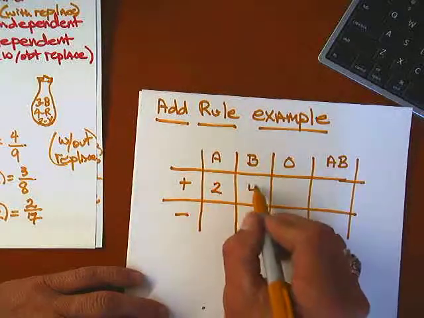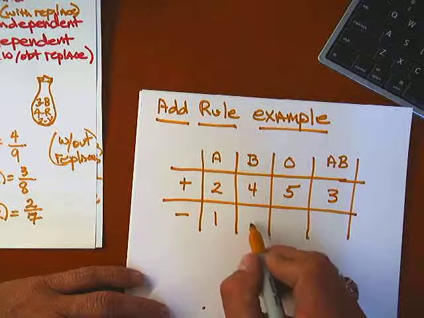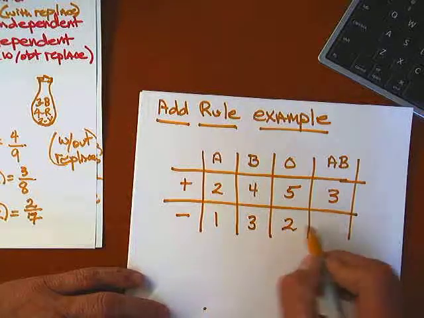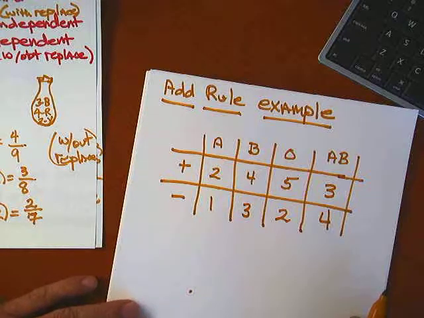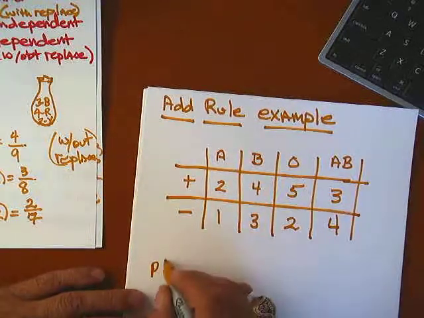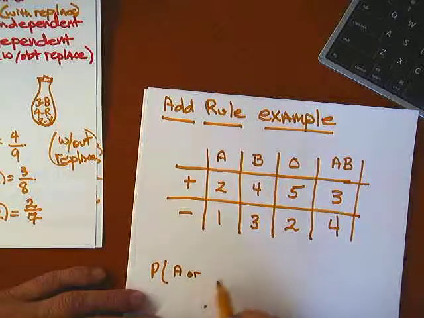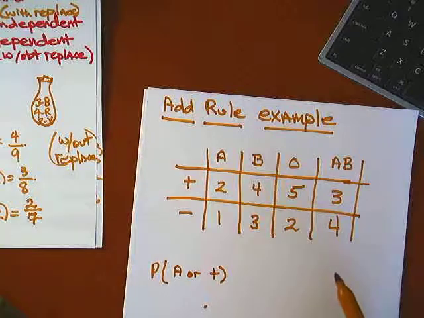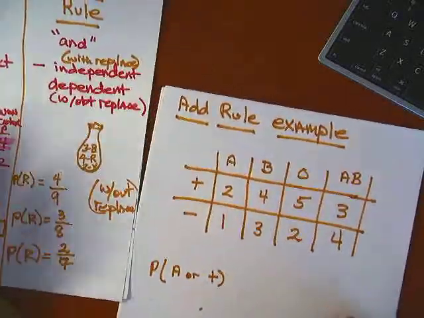You got positive, you got negative. Well, I can't remember if that's correct or not. Yeah, I think it is. Anyway, you got 2, 4, 5, 3, 1, 3, 2, 4.